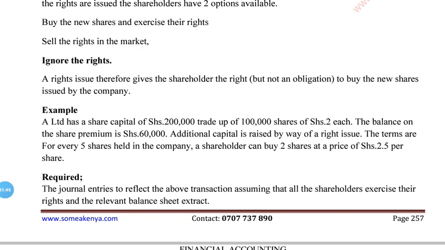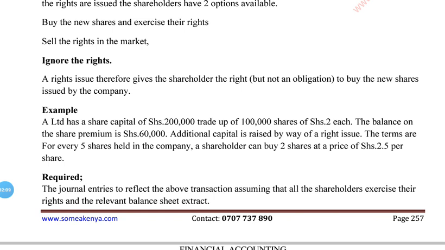Like we have an example. A Limited has a share capital of 200,000, made up of 100,000 shares of shilling 2 each. The balance on the share premium is 60,000, and additional capital is raised by way of right issue.